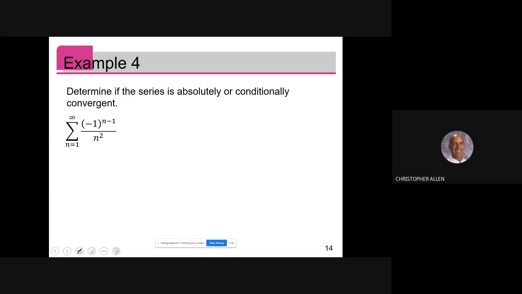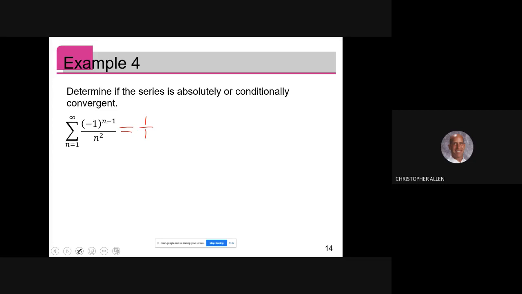So let's write out a few of these terms. So n is 1, right? That's 1 minus 1, which is 0, negative 1 to the 0 is 1, and then 1 squared is 1.